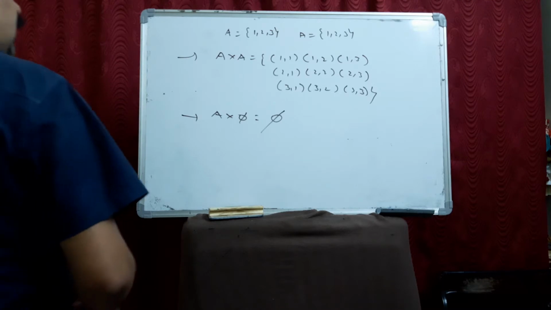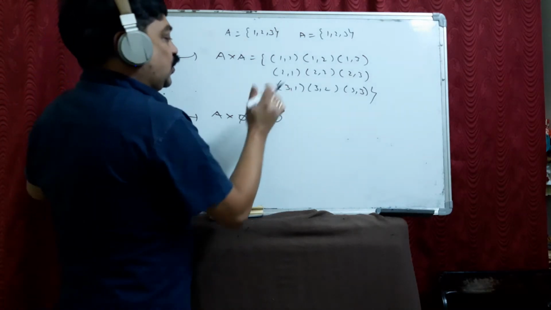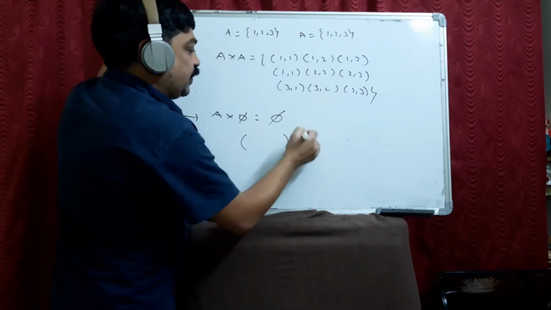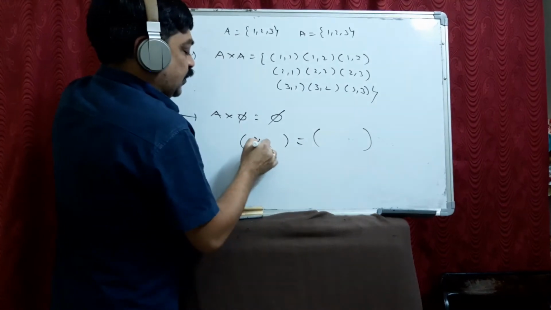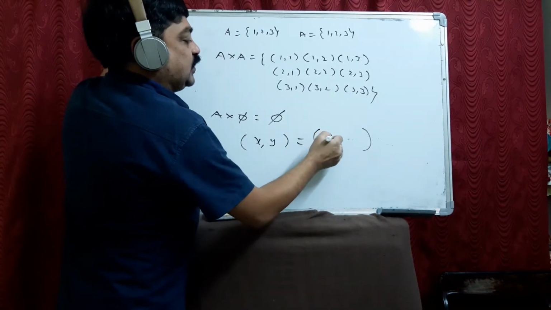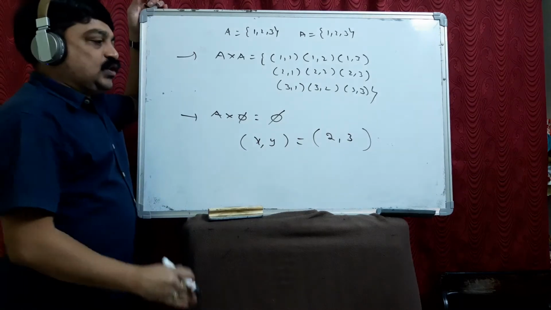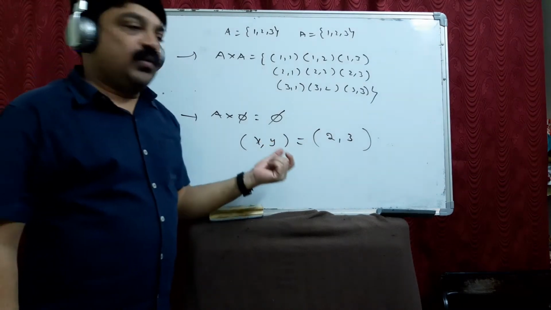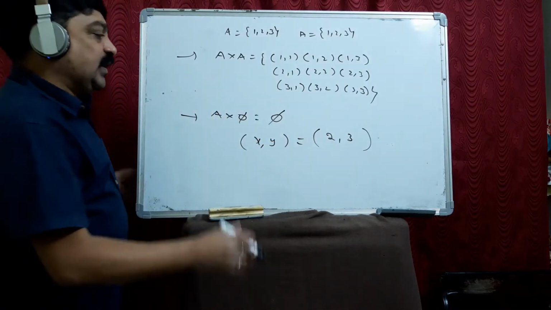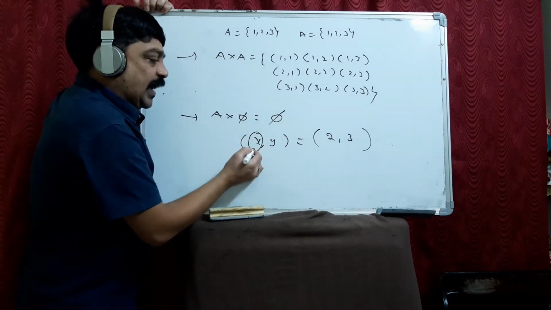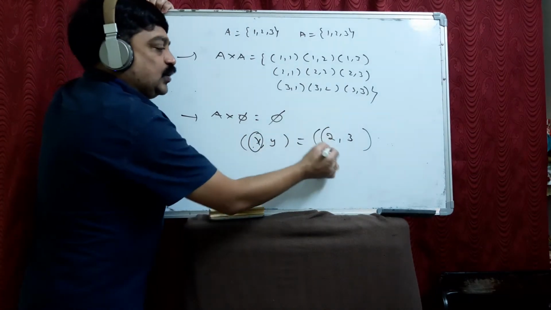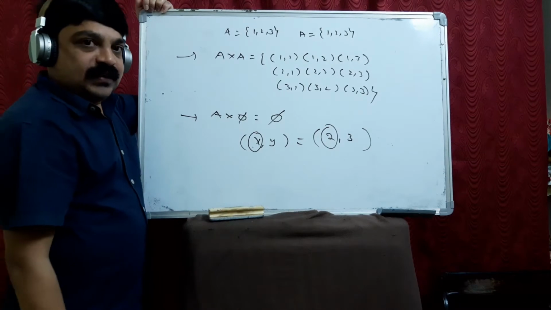Now, about ordered pairs. If any two ordered pairs are equated, suppose it is x comma y and 2 comma 3, then the first abscissa should be equated to the abscissa of the other pair.